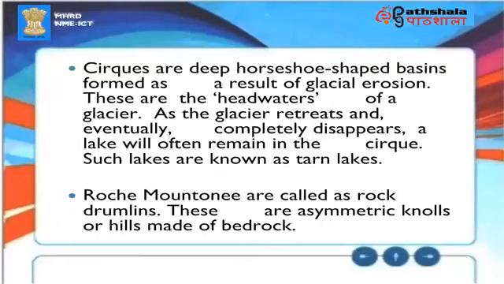These are the headwaters of a glacier. As the glacier retreats and eventually completely disappears, a lake will often remain in the cirque. Such lakes are known as tarn lakes. Roches moutonnées are also called rock drumlins. These are asymmetric knolls or hills made of bedrock.